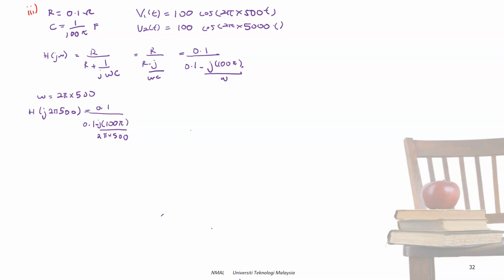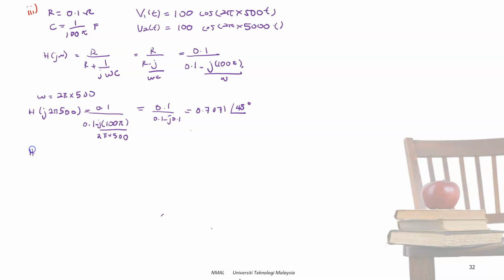So you rearrange, you get 0.1 divided by 0.1 minus j 0.1. Solve this by changing the denominator to phasor form, so you get 0.7071 at 45 degrees.